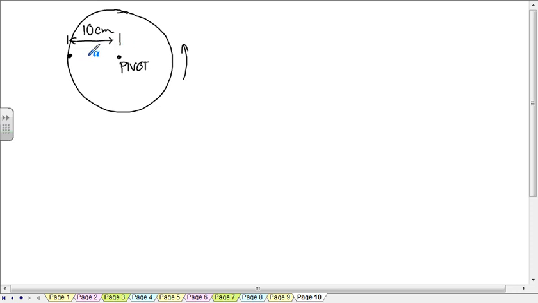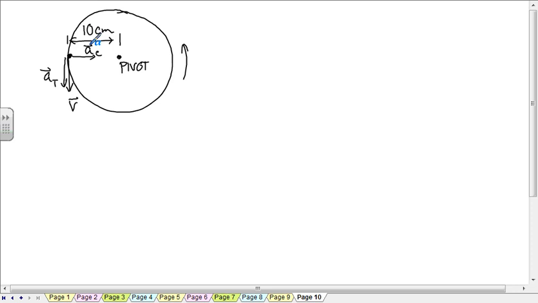Centripetal and tangential. What direction is centripetal? So there's the centripetal. What direction is the tangential? Downward, right. The velocity is this way, and it's speeding up, so tangential has to be that way. Any questions about that?